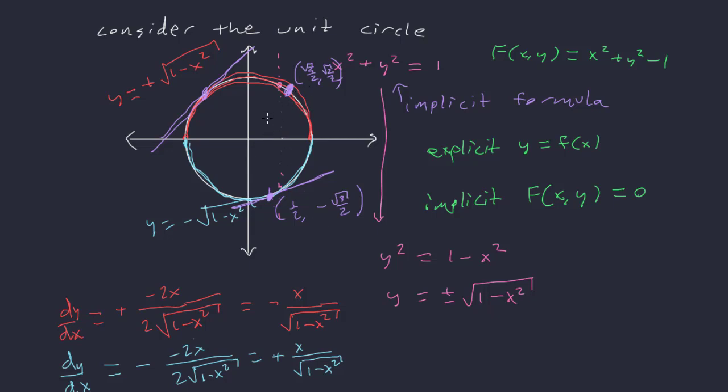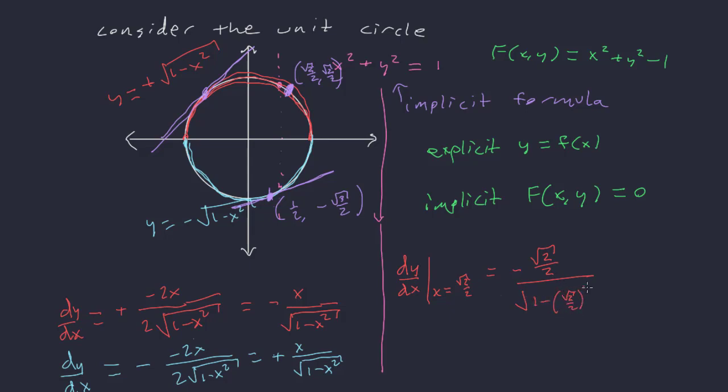I'm just taking angles for 45 degrees and negative 60. All right, so I'll clean this up a little bit. The derivative of y with respect to x here in the red, when x is equal to root 2 over 2, is going to be negative root 2 over 2 all over the square root of 1 minus root 2 over 2 squared.